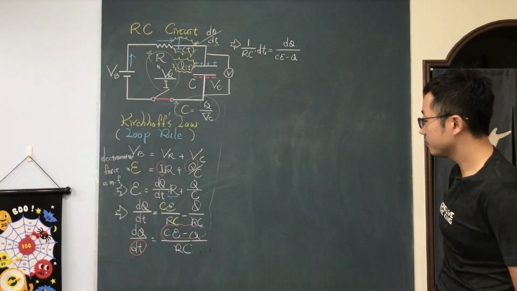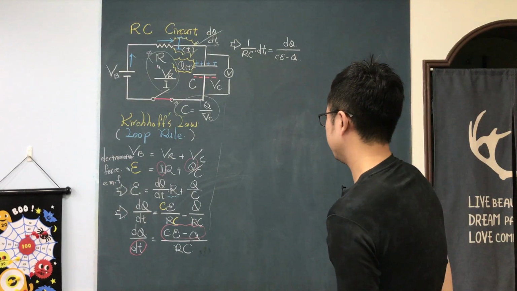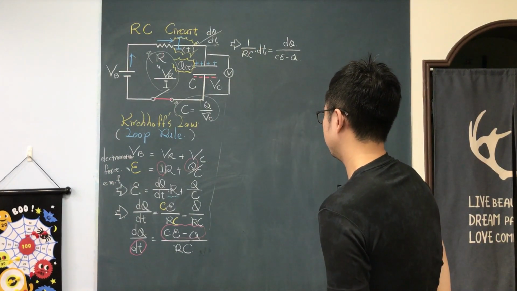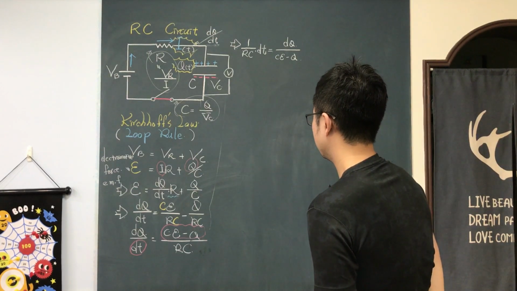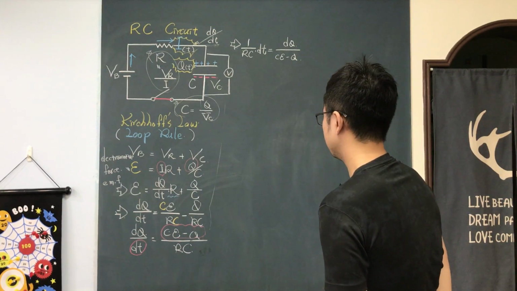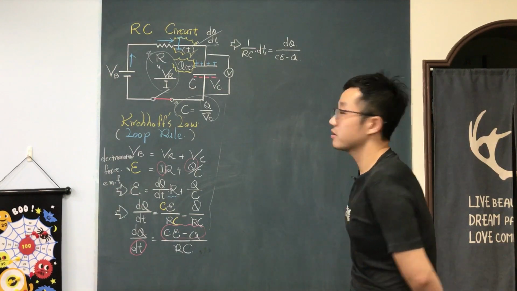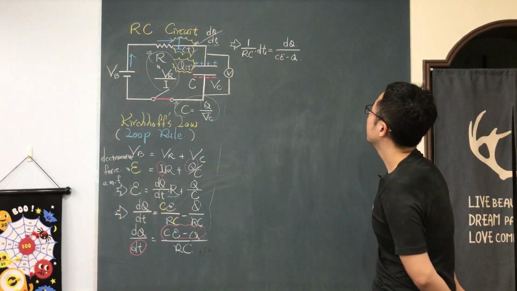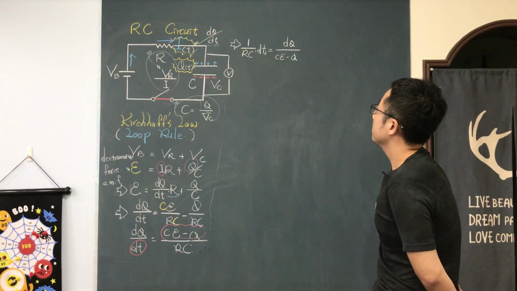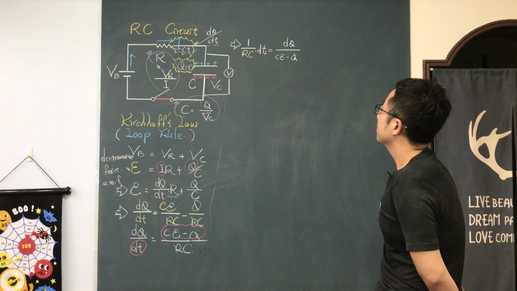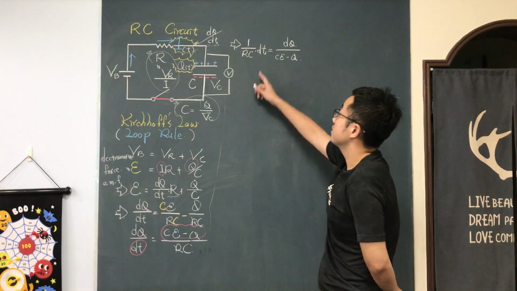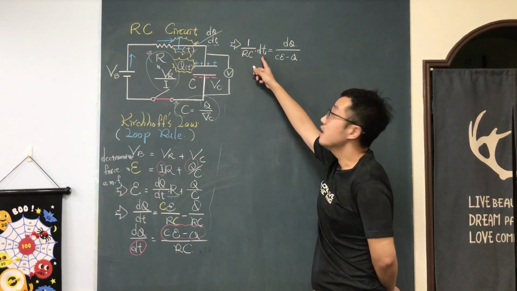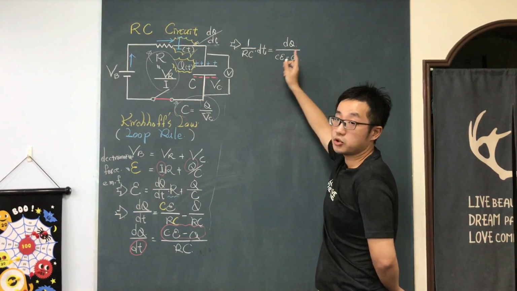Okay, let's check it. No problem. So far so good. Now I can keep writing. Actually, now you are capable of doing this integral, since there is only one variable on the left hand side, which is your time t, and on the right hand side, this is the q term.